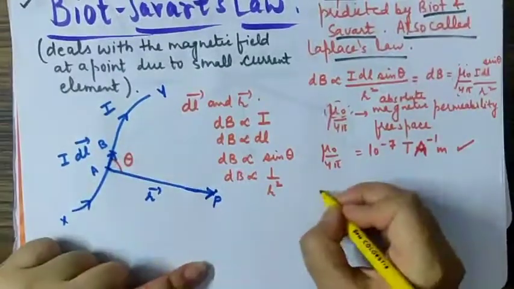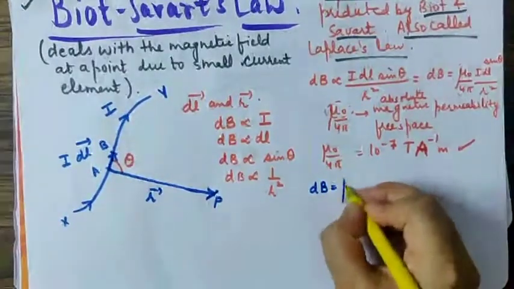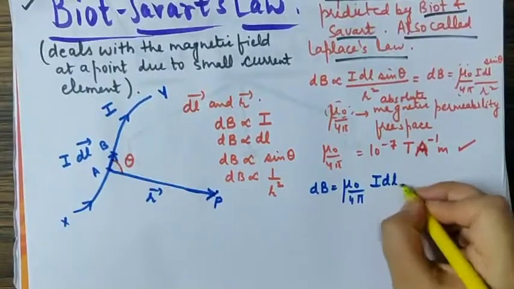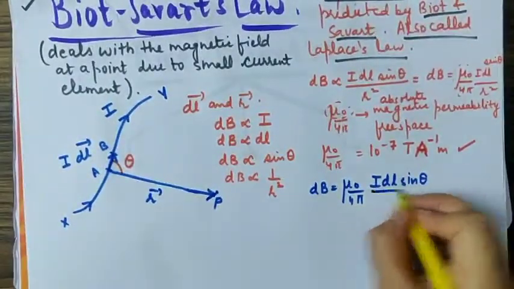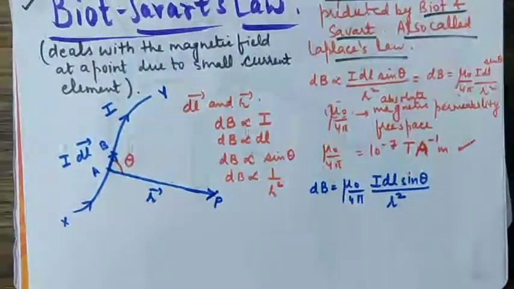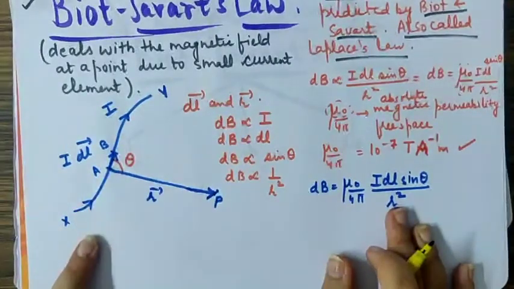So writing down the law again. What is Biot Savart's law? dB is equal to mu naught over 4 pi I dl sin theta over r square. Here dl is together, one unit. You can see what each variable means from this diagram.